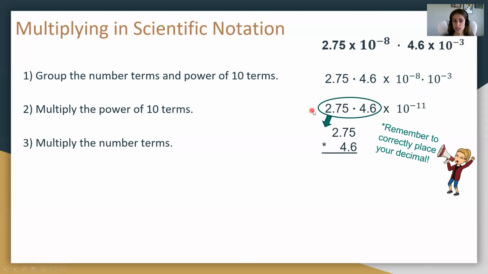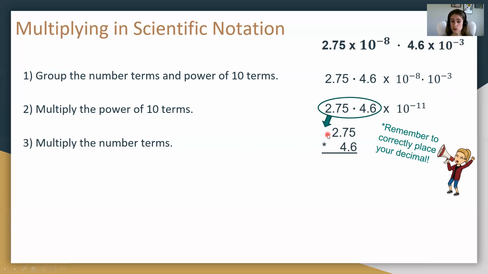All right, now we can multiply our number terms. Now this takes us back to multiplying decimals in elementary school, and maybe it has been a little while since you've done that. When we multiply decimals, remember that we always want the number that is longer and has the most digits on top.